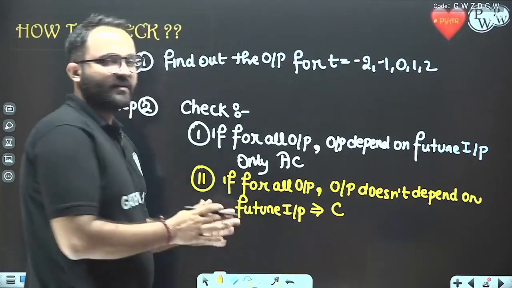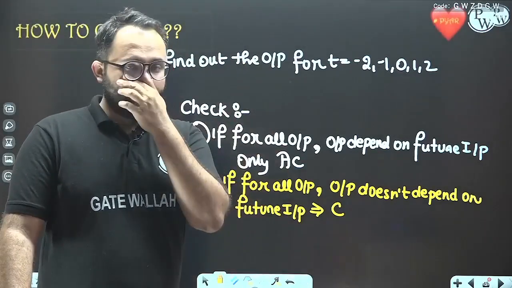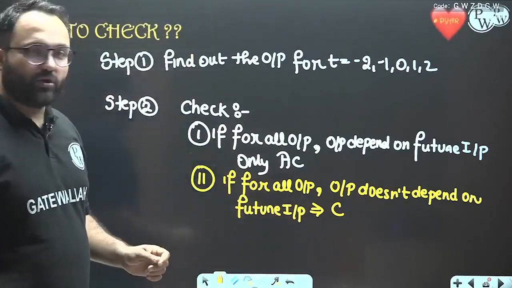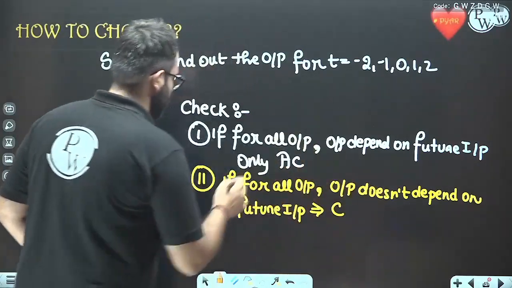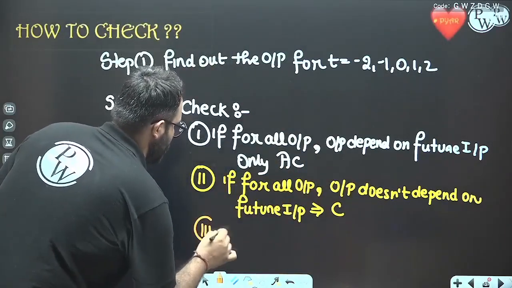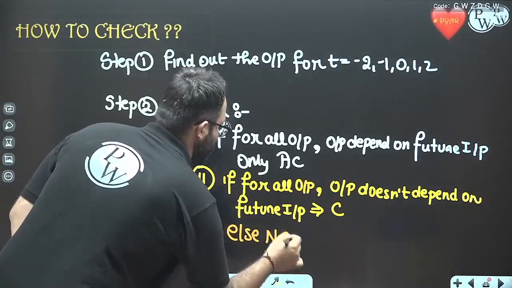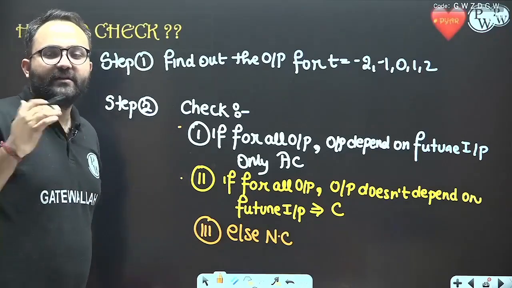We have checked the output, and if we see that the output is not dependent on the future, then it is directly causal. And third one is, if it is not satisfying either of the two conditions, then it is non-causal directly. Let's see the examples.